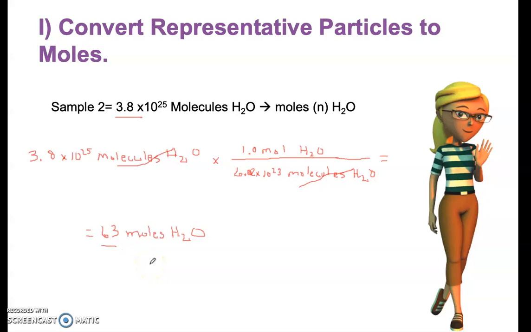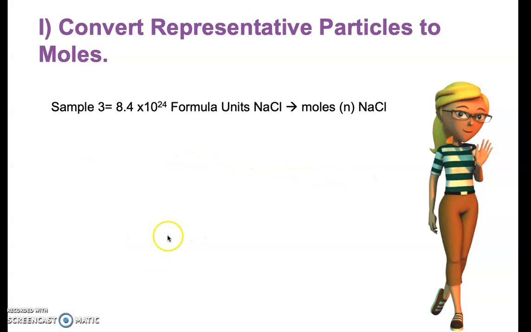Now the next problem I want you to try on your own. Sample 3: you have 8.4 times 10 to the 24th formula units of NaCl. Convert to moles NaCl.